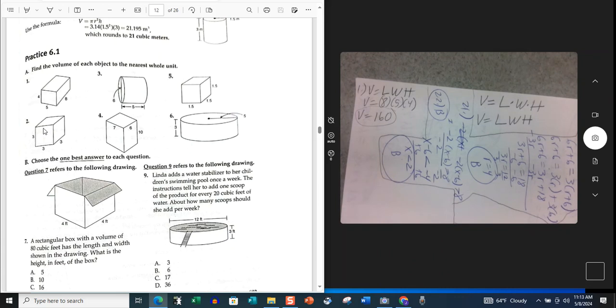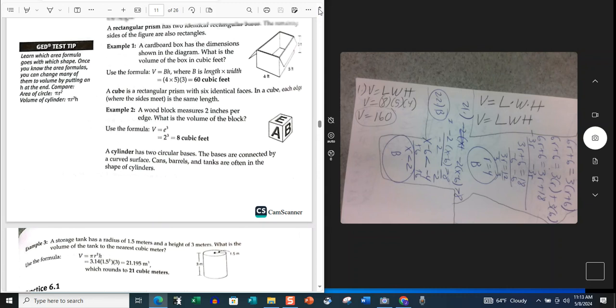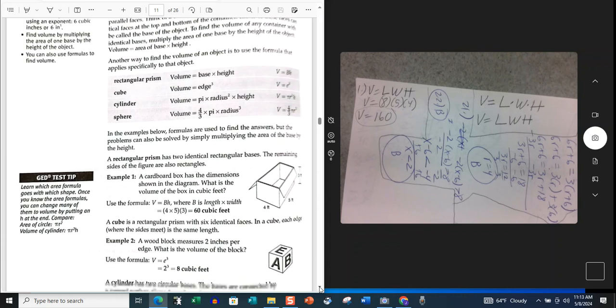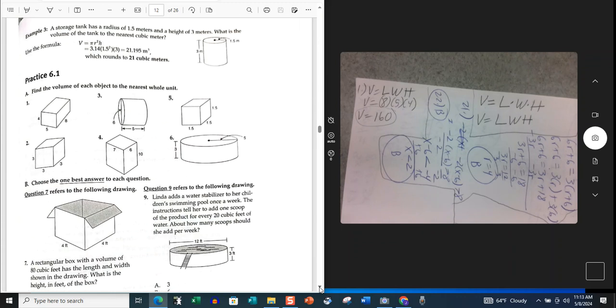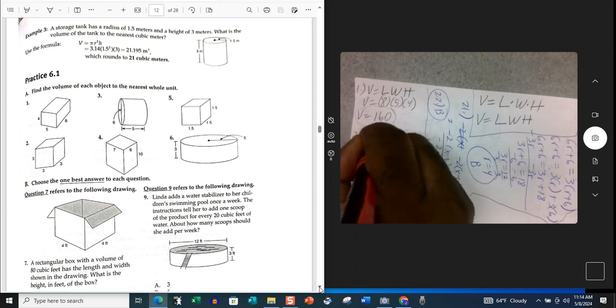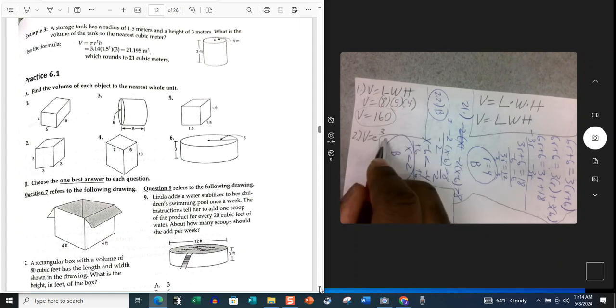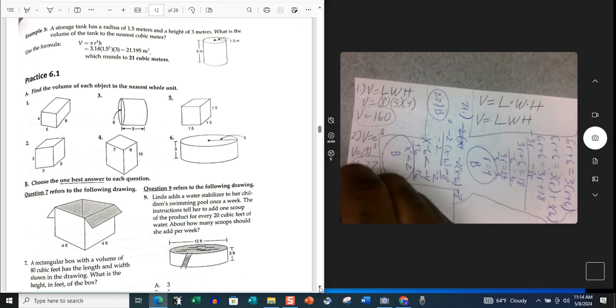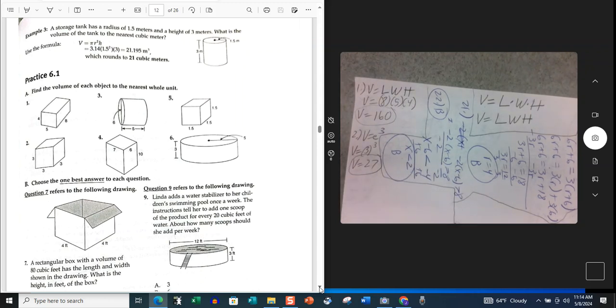Okay, number 2. If you notice here, all of these sides are the same. If you go back up here, that is the cube. The cube is this value to the third power. So volume is equal to E cubed. The edge is cubed. So the volume is equal to 3 to the third power. The volume is 27. That was problem number 2.